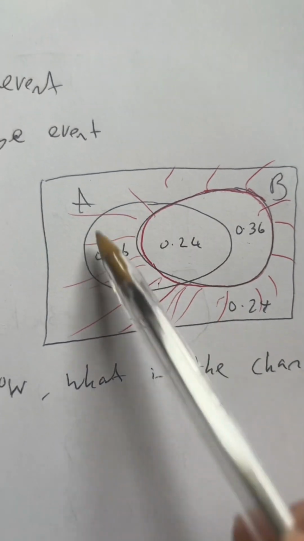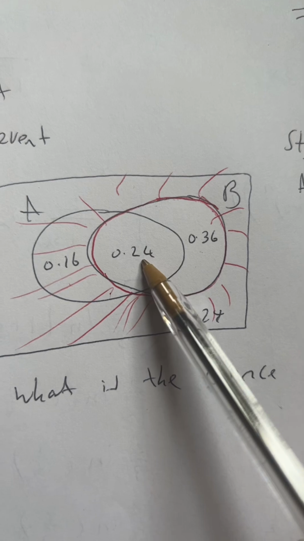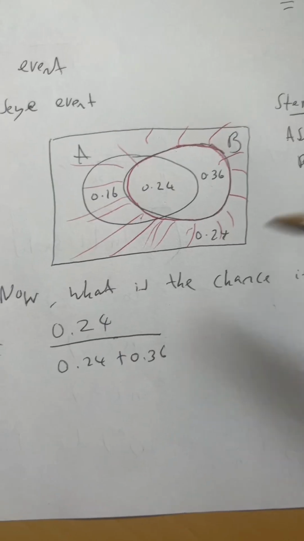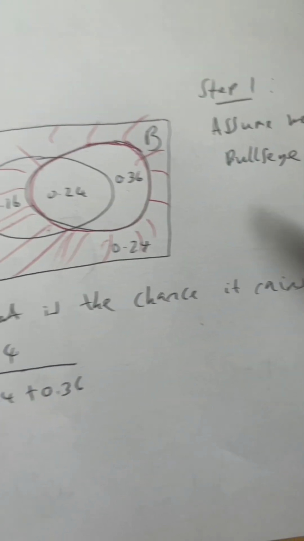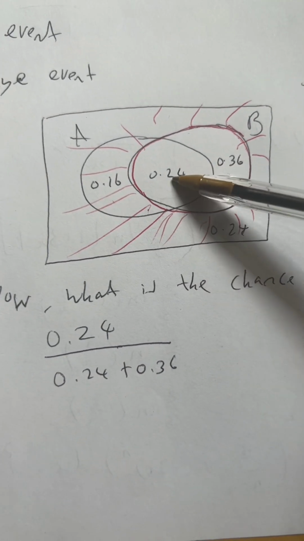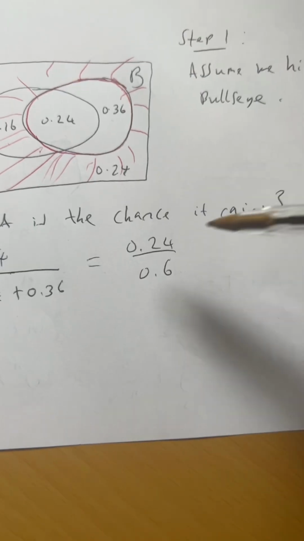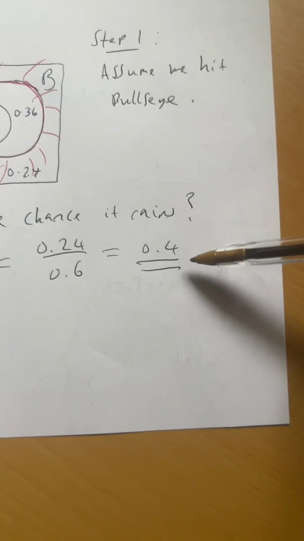This number is inside the rain circle, so it's going to be this number out of the total of the B circle. So the probability that it rains, given that we hit the bullseye, is this number out of the total, which turns out to be 0.6. So 0.24 over 0.6, and when you work that out, you get 0.4.